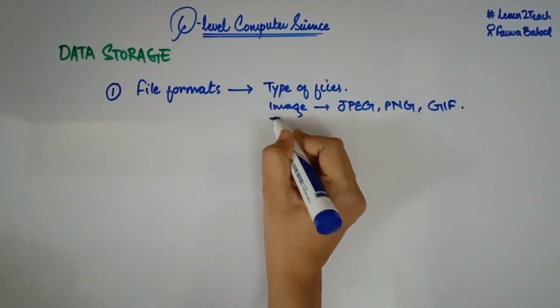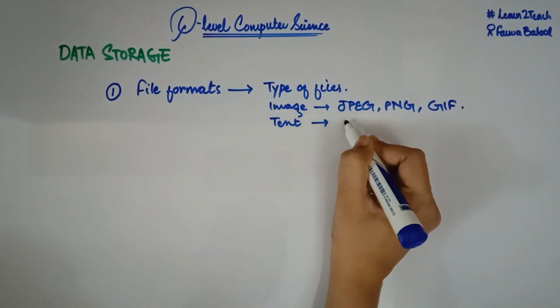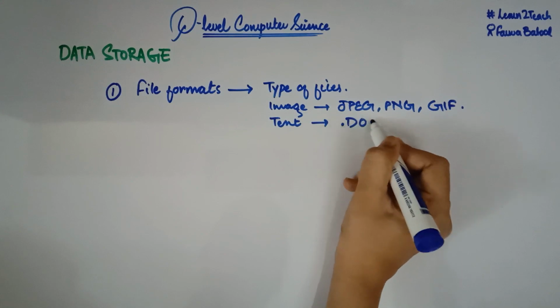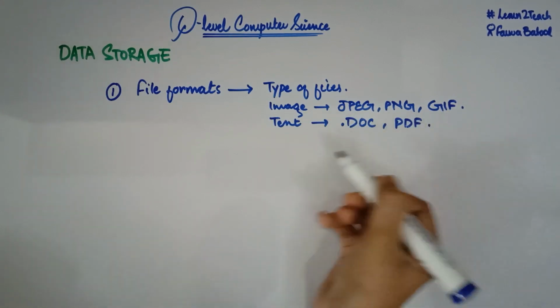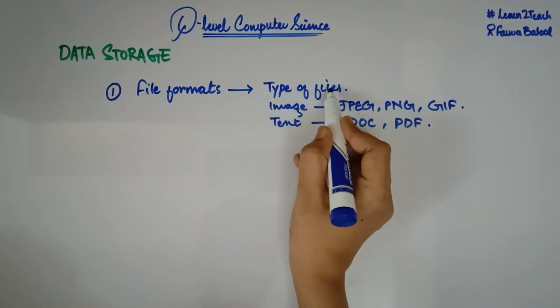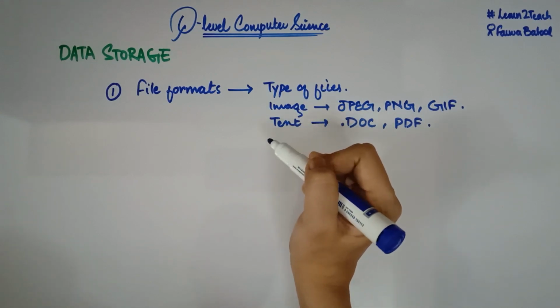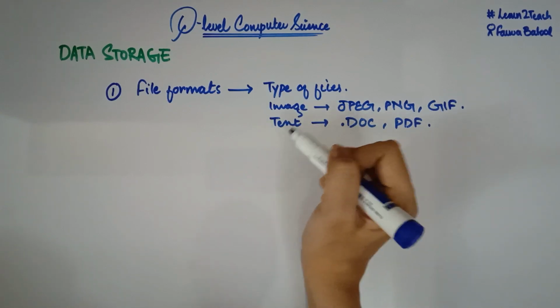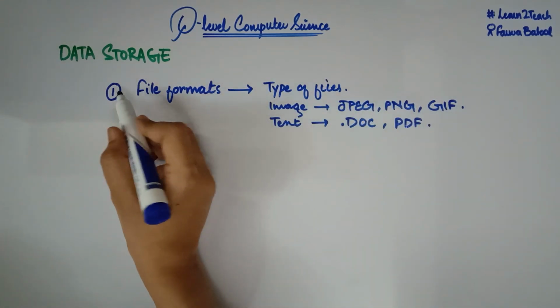Similarly, if we have a text file, we can have file formats like .docx or PDF. So for different types of files, either an image, text, video or audio file, you have different file formats. So the very first thing is this.